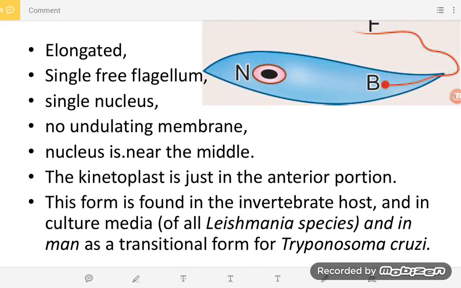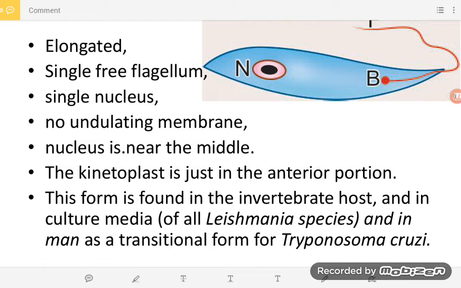This form is found in the invertebrate host, that means insects, and in culture media. In all Leishmania species we can see the promastigote form, but in man it occurs as a transitional form for Trypanosoma cruzi. Again, the amastigote form and promastigote form we can see in all Leishmania species and Trypanosoma cruzi.